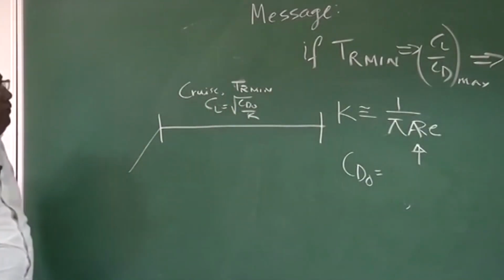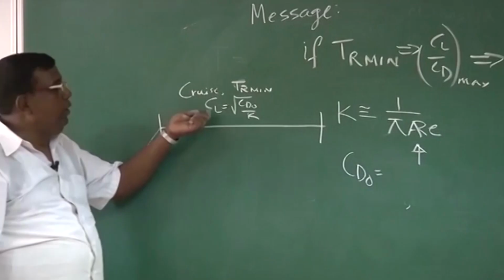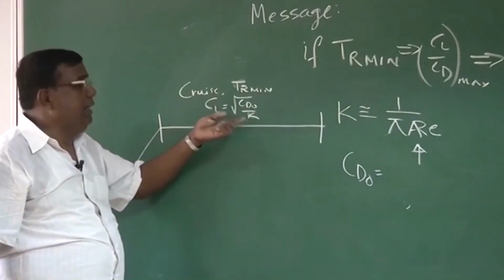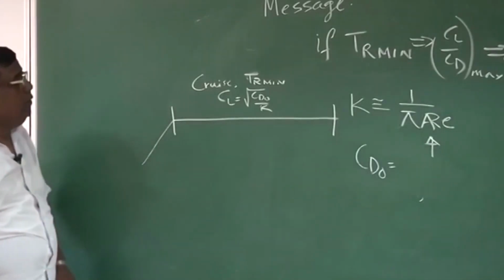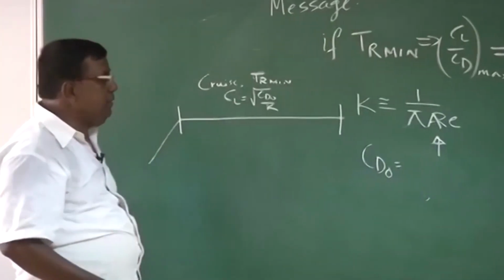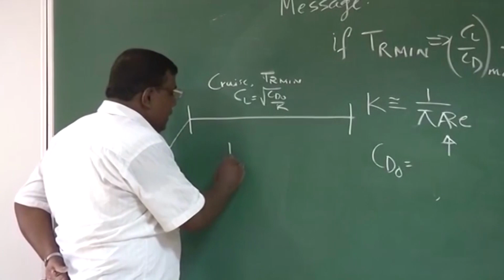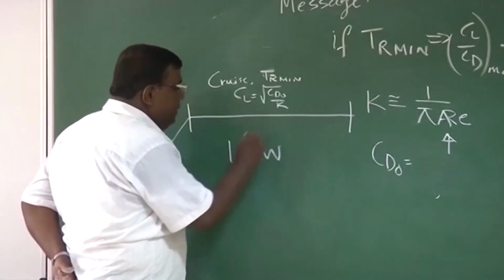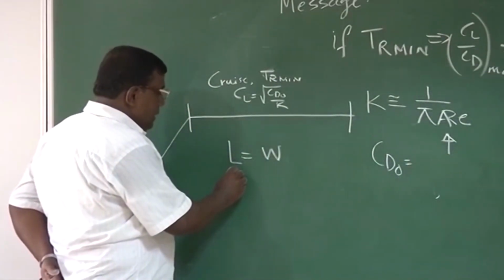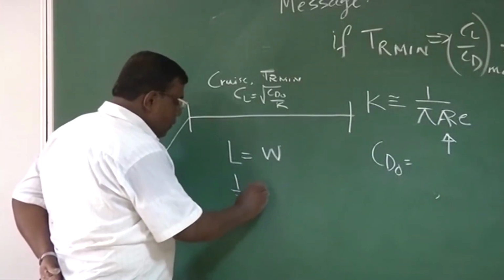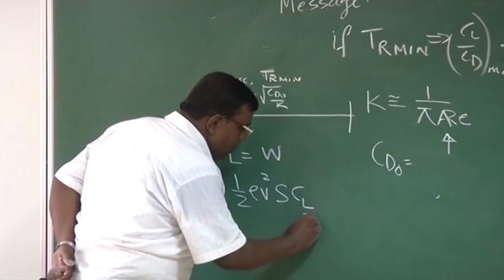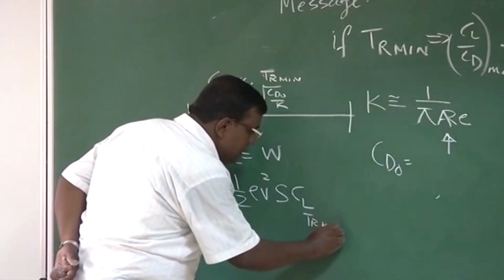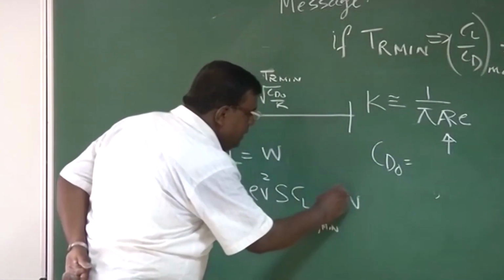Again, pilot will not be comfortable if he wants to calculate CD naught value and K. He is not aware of what is CD naught, what is K, mostly. So what is the way to handle the situation? See, lift equal to weight. So you know that half rho V square S CL for thrust required minimum will be equal to weight.